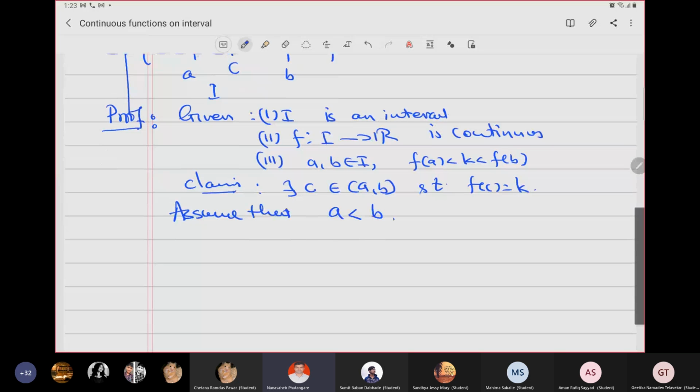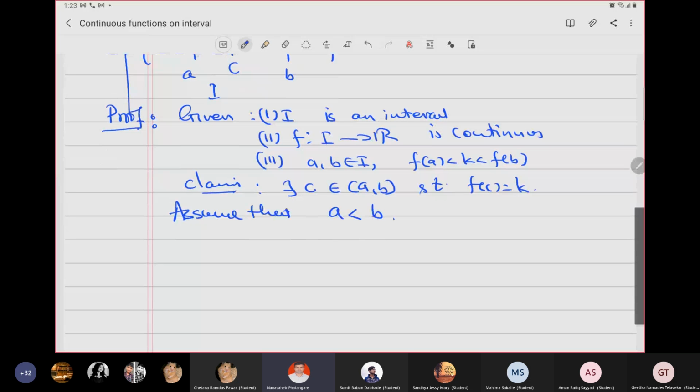Can I say that f is continuous on the closed and bounded interval a, b? Yes. So f is continuous, no doubt, because f is continuous on the bigger set. So now define g from a, b to R. I am defining a new function by g of x equals f of x minus k.